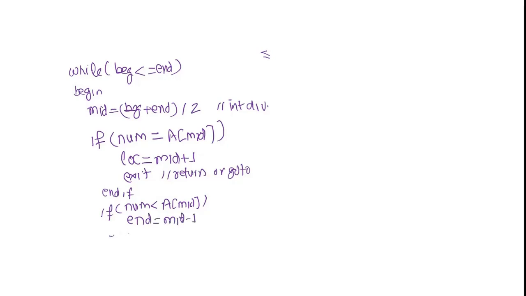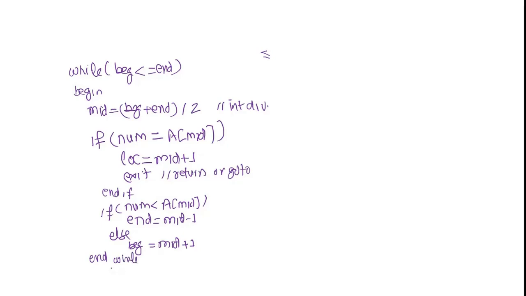Else, beginning will move after mid, that is mid plus 1. So this is the algorithm, this is begin, and here we can write end while.